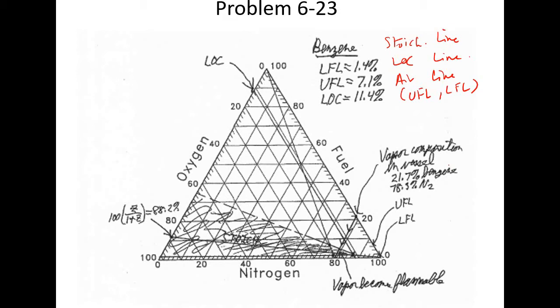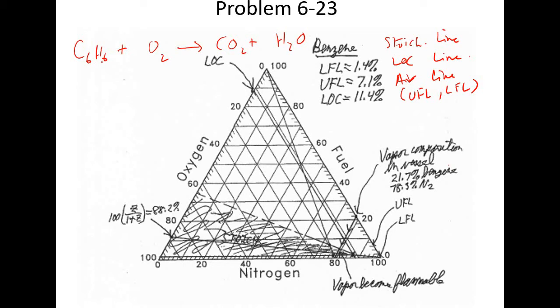So let's go with the stoichiometric line. Benzene is C6H6. If I want to balance C6H6 plus O2 gives CO2 plus H2O, the first thing I look at is hydrogen.